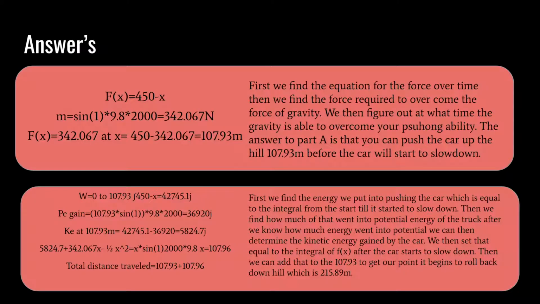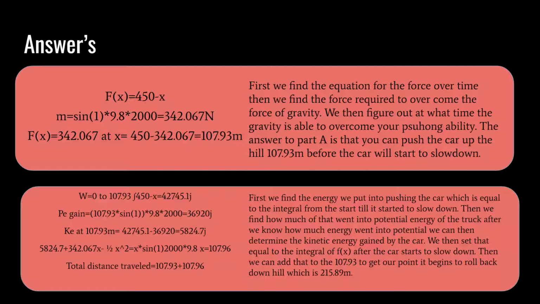Okay, so the equation for the force over the time, or the force at any given distance, is 450 minus x. First we find the equation for the force over time, then we find the force required to overcome the force of gravity, then we figure out at what time the gravity is able to overcome the pushing ability.